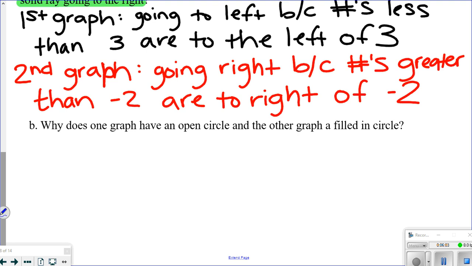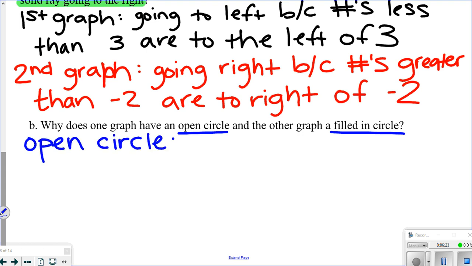I want you to pause and think about question B. Why does one graph have an open circle and the other graph has a filled-in circle? We have an open circle on the first graph because of the sign.